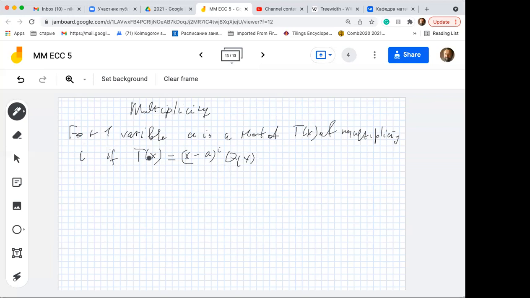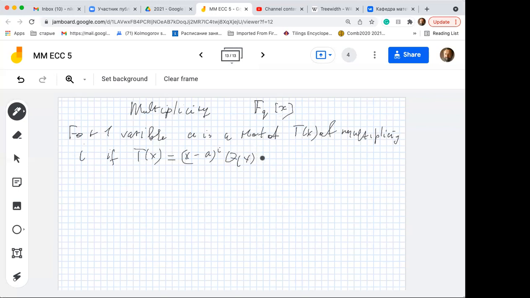In other words, if t of x is divisible in the ring of polynomials by x minus a to the power of i. And recall that we live now in the ring of polynomials over a finite field of size q. So do not forget that.